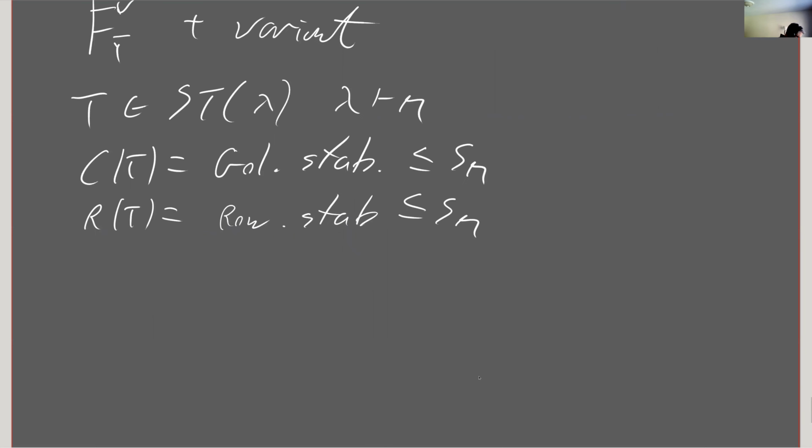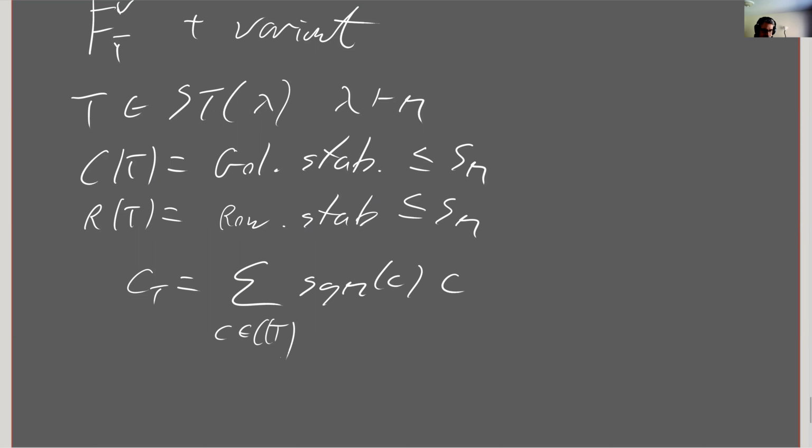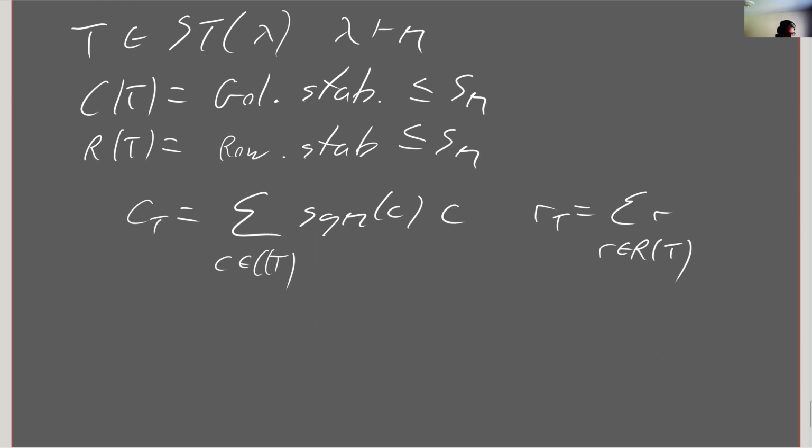And then CT is defined to be the sum of the sign of c times c over the column stabilizer, and we have RT similarly, the sum of the r without the sign modification, of r in RT. Okay, and then epsilon T is CTRT, and this is the Young symmetrizer.